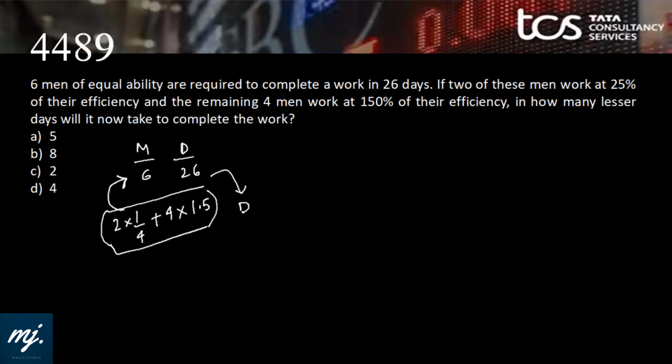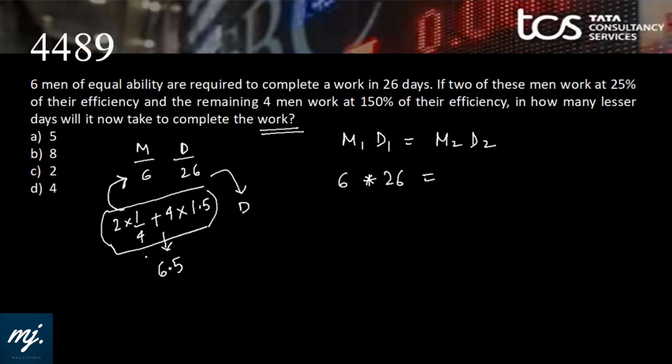It will take D days to complete the work, and since work done is constant, we can use M1 D1 equals M2 D2. 6 men completing in 26 days. Now the effective men in the second group is how much? This is 6.5. 4 into 1.5 is 6, and this is half.